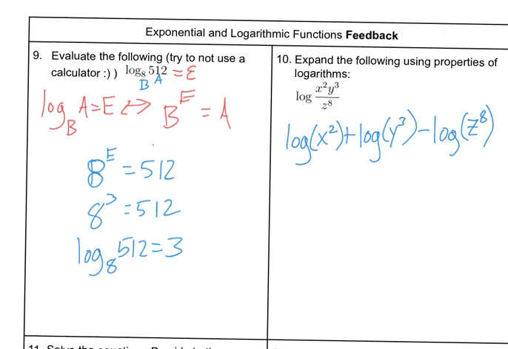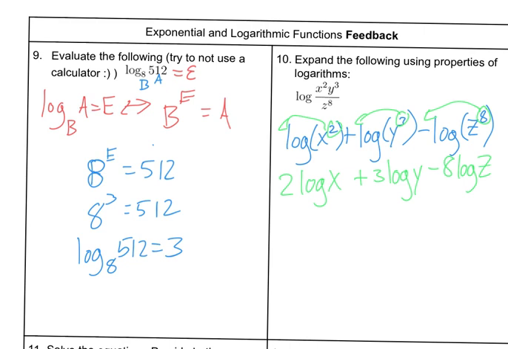Logs are exponents. They follow exponent rules. When we divide things inside of a log, we end up subtracting those exponents. So that's what's going on with that minus z to the eighth at the end. And then we take those exponents and bring them down in front of all three of these expressions. That gives us 2 log of x plus 3 log of y minus 8 log of z. At this point, we are done.